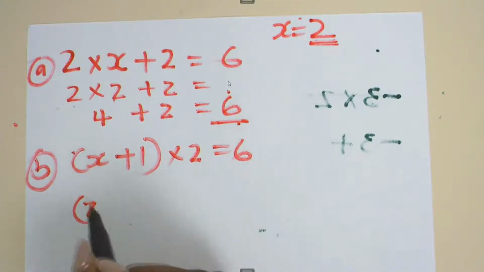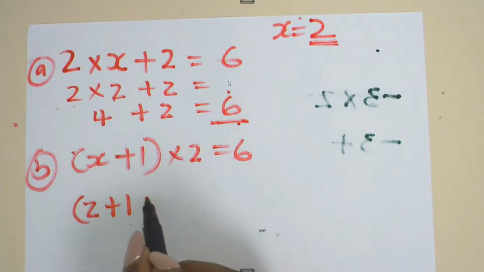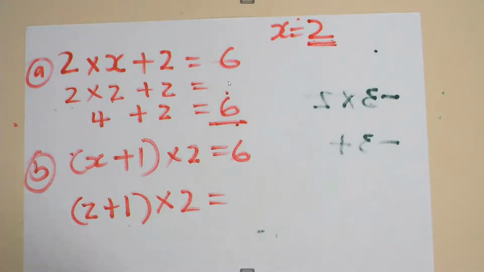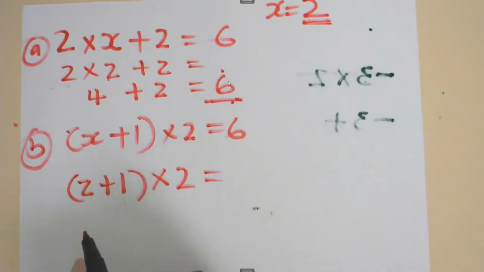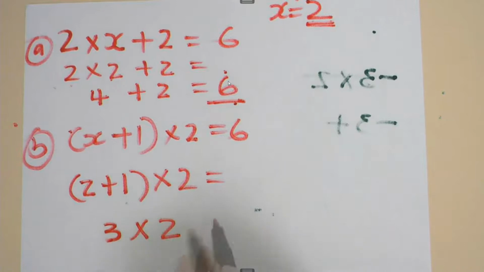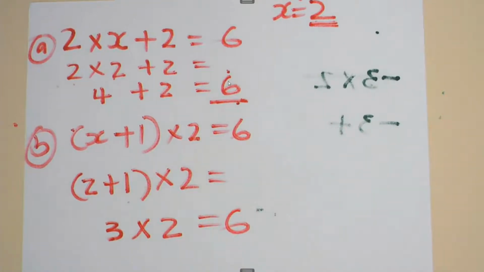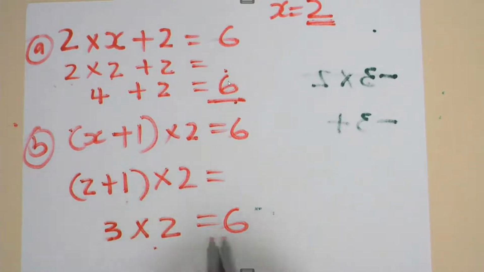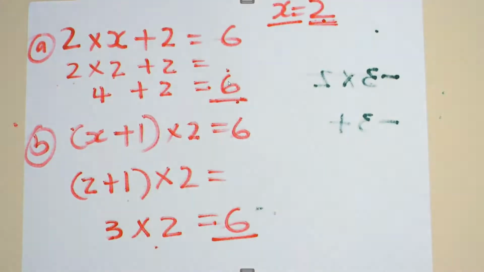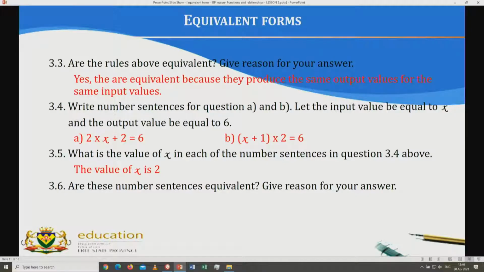Where it is x, we are going to put 2. Then we are going to start with the bracket. You are going to say 2 plus 1 is 3, then multiplied by 2 equals 6. Now, the value of x in both equations will be 2.